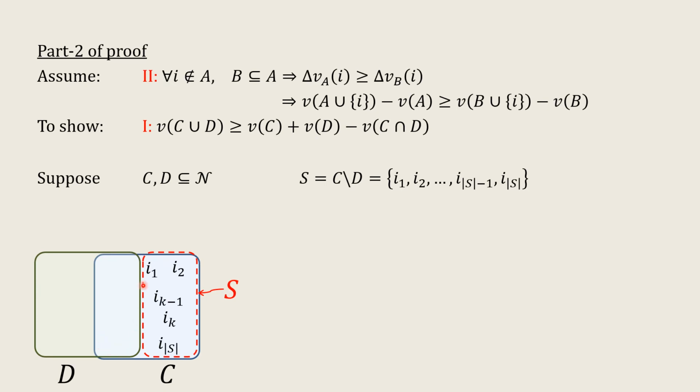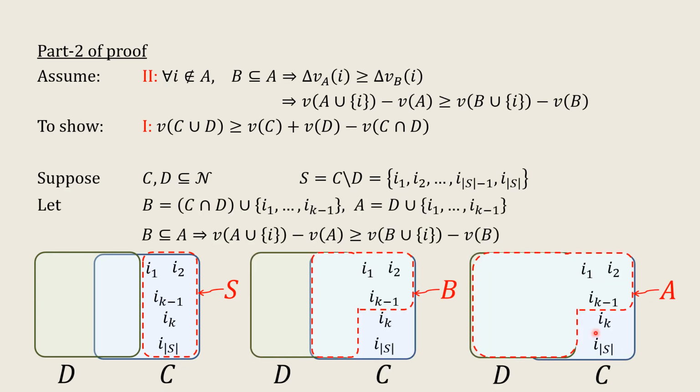So let's take this as the coalition D and this as the coalition C. And everything that's in C but not in D, I will call this set S. And the agents in S will be indexed I1, I2 until IS. Next, I define the sets B and A as shown here.